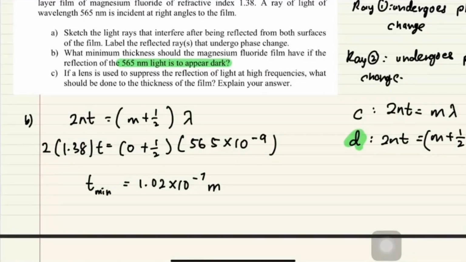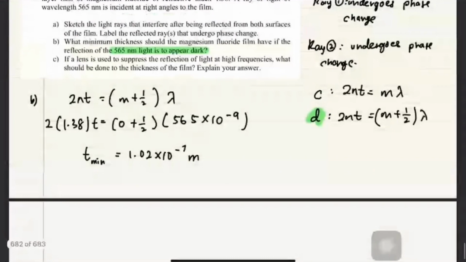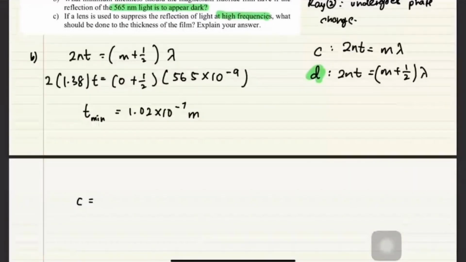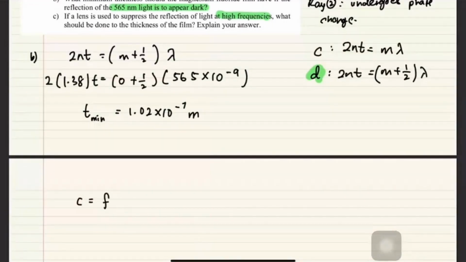Here, the last question tu dia kata, if a lens is used to suppress refraction of light at high frequency, dia kata now frequency dia naik, what should be done to the thickness of the film? Does it have to be higher or lower? Okay, you know that C is equals to F lambda.